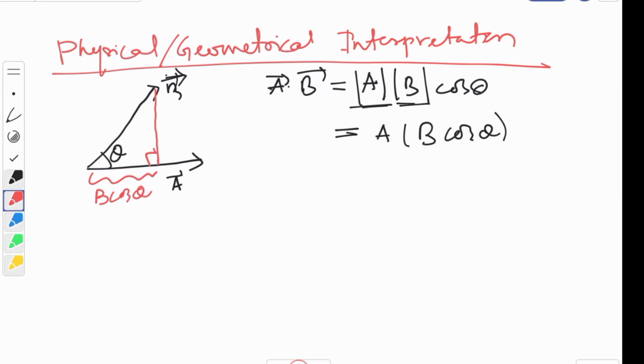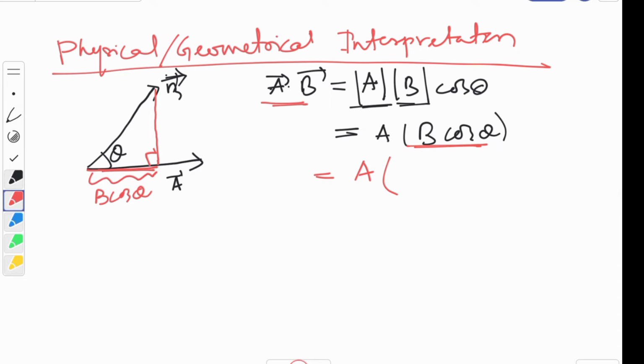Yes or no? What is this? This is known as the shadow of vector B on A, or the projection of vector B on A. Clear? That means the dot product of two vectors is simply A times B cos theta.